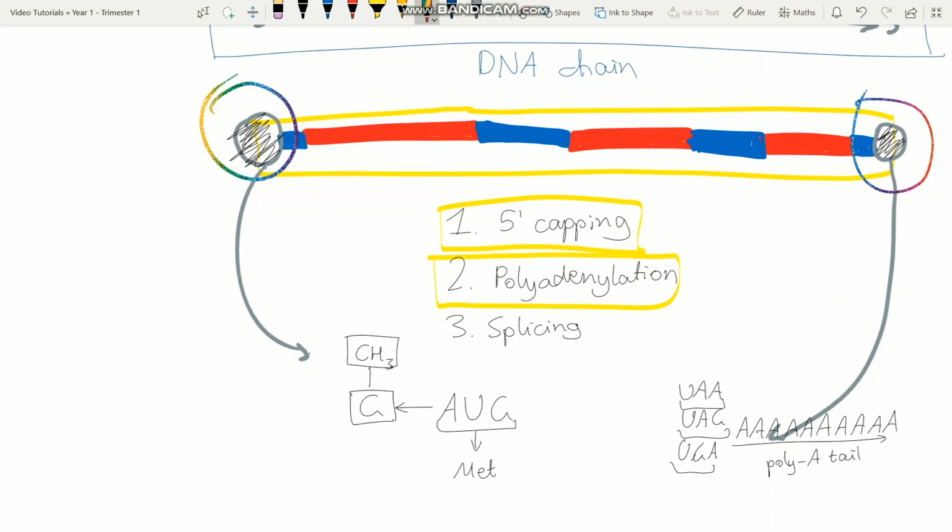So now, after this, the third and final stage is called splicing. Splicing is a very important stage because it essentially gets rid of all of the unnecessary genetic material that we have. And as I mentioned earlier, for the purposes of this video, introns are essentially nonsense strands. So we have special molecules that are called spliceosomes.